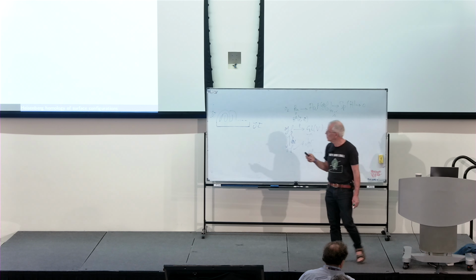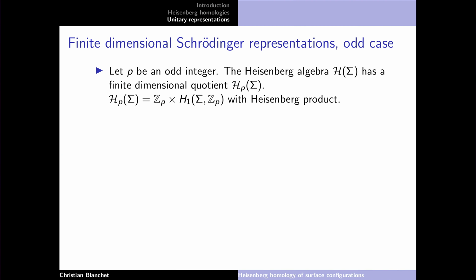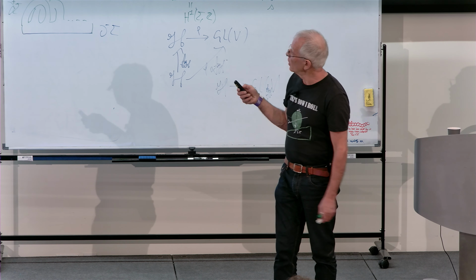Okay, that's fine. So now we go to the Schrödinger representation. So I start with p, an odd integer. Then for the Heisenberg algebra, we can take an appropriate finite quotient H_p of sigma, where I take Z_p times H mod p, and try to represent this.